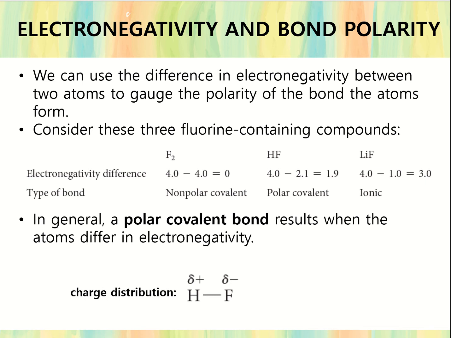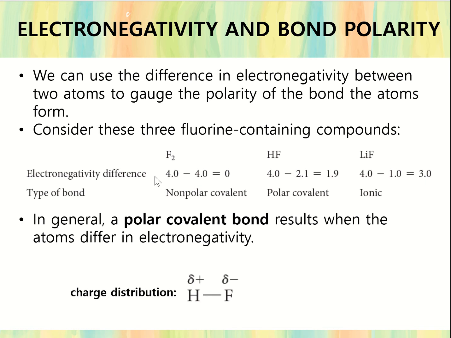Let's consider these three fluorine containing compounds here. The numbers we're looking at are based on the Pauling scale, right? Fluorine is the most electronegative element with a value of 4.0. You can check out the second lecture for these values, which are arranged in the periodic table.